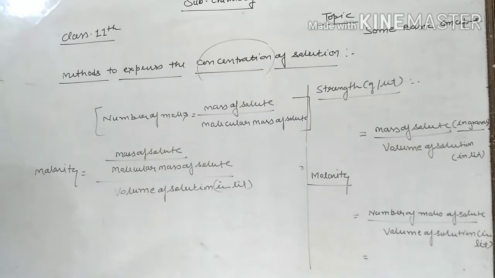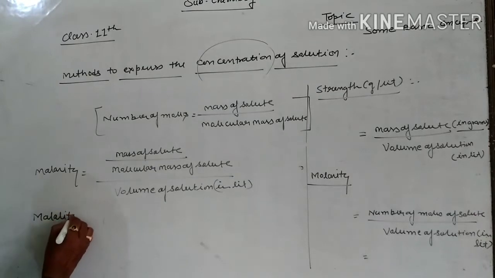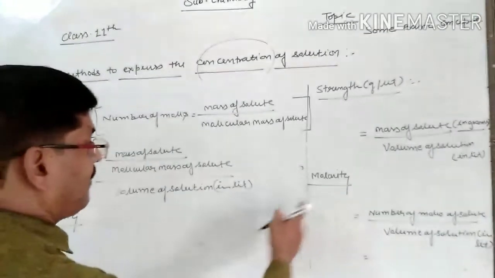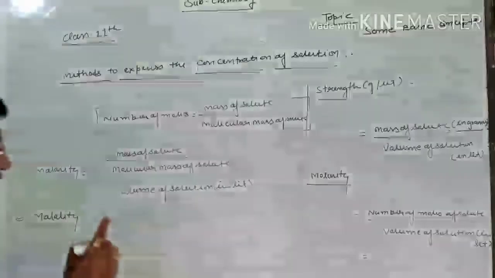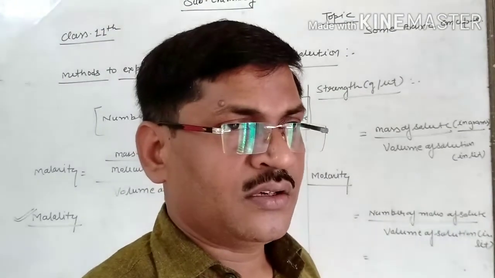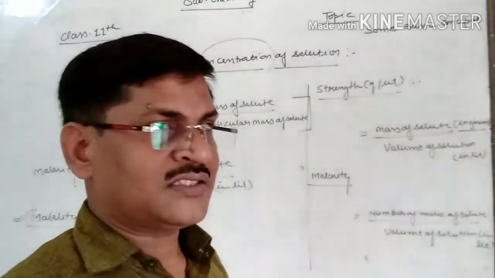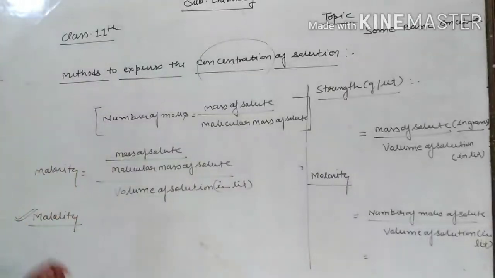After that, next is molality. Remember this. Firstly, I discussed molarity. After that, I am going to discuss molality. Here, it is the number of moles of solute present in per kg weight of the solvent. If concentration is written in this way, it means it is in terms of molality.